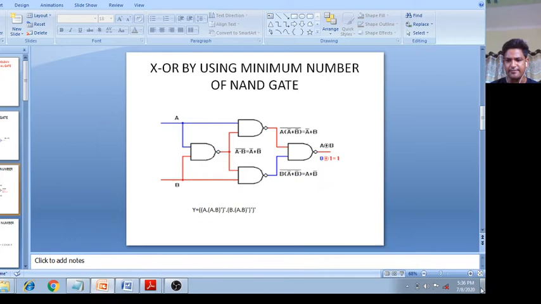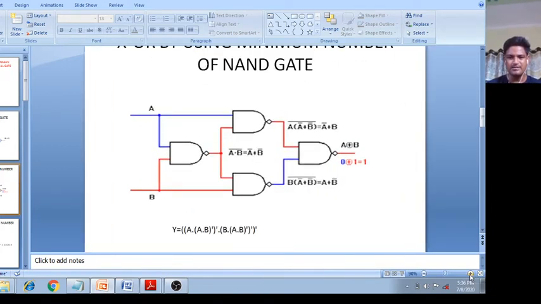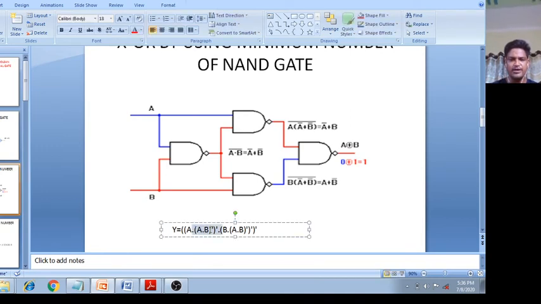Now you can see one common term, A dot B whole dash, again A dot B whole dash. So first I implemented this A dot B whole dash, then A dot B whole dash, A is coming from here and A dot B whole dash from here.